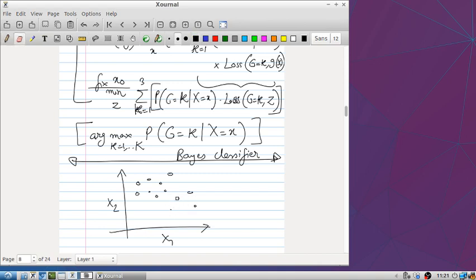Here, in terms of diagram, I'm just putting x's. And the Bayes classifier's decision boundary.